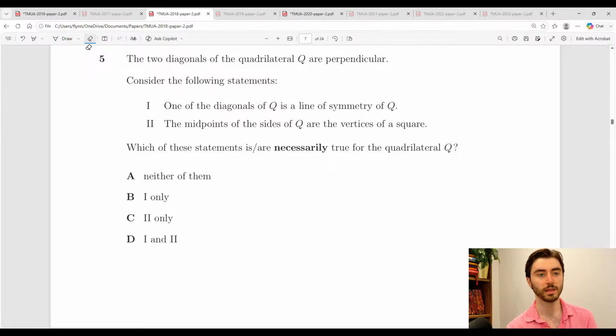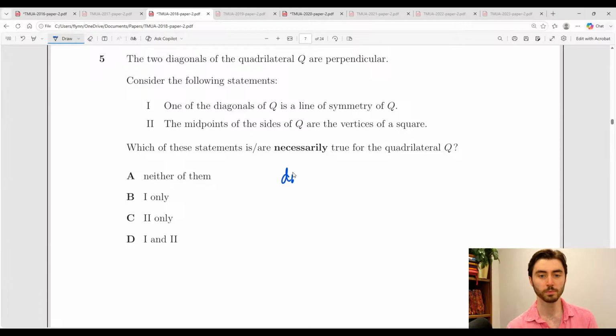Let's be explicit about the condition. So the diagonals are perpendicular, which can be true or false. And then the statement as a result can be true or false.